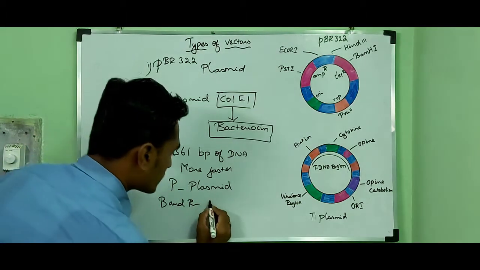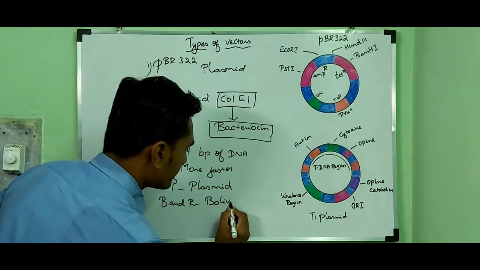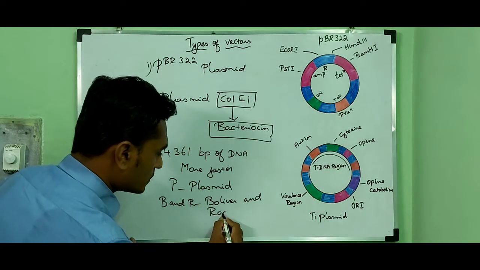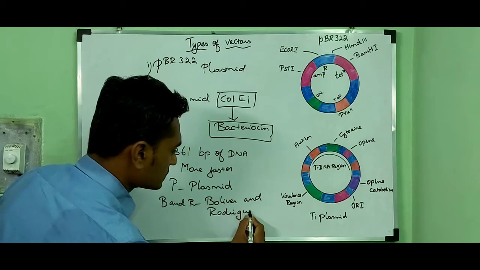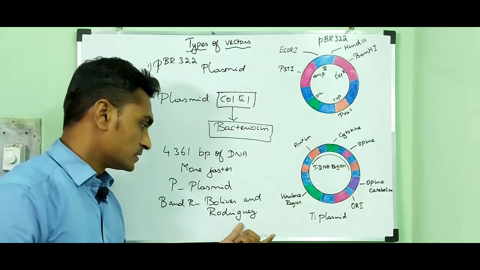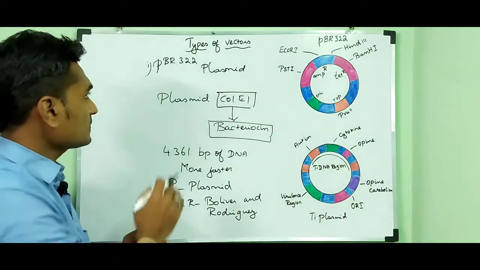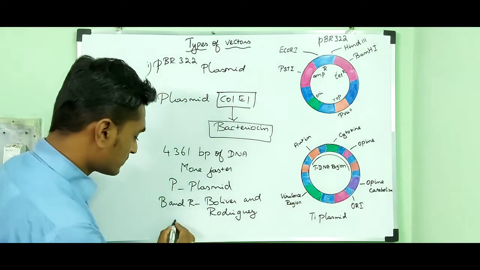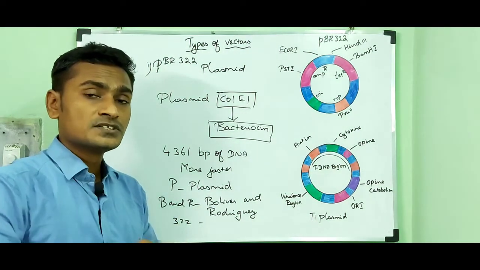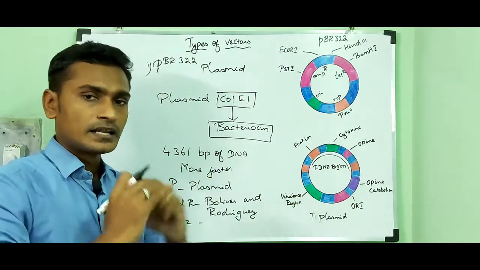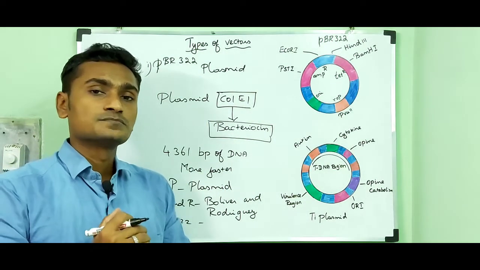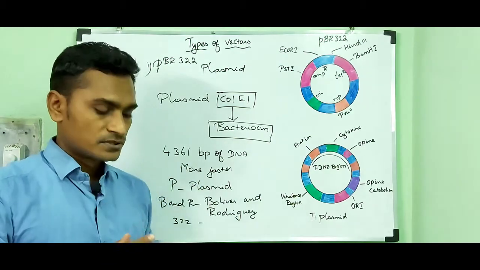B stands for Bolivar and R stands for Rodriguez. The number 322 stands for the number of plasmids which were developed in that laboratory.